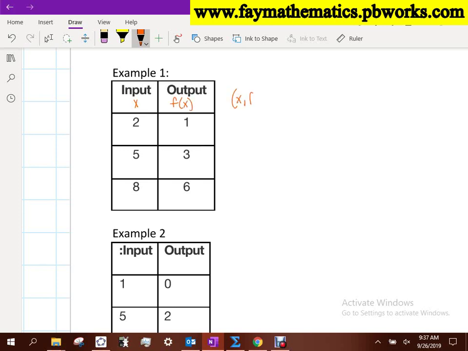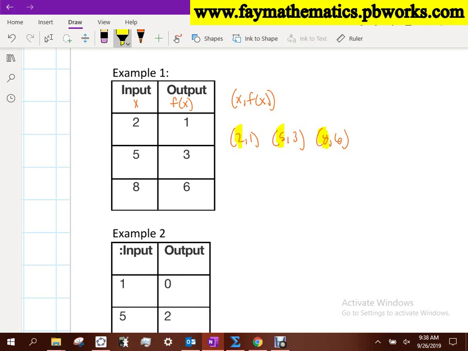So if I write these as ordered pairs, we have (2, 1), (5, 3), (8, 6). Remember, the first thing we were going to do is see if 2 ever repeats as an x value. It doesn't, so I go to the next one. Does 5 repeat as an x value? Nope. Does 8? Nope. So if they don't repeat x values in my ordered pairs, it's automatically going to be a function, because it's going to satisfy the definition.